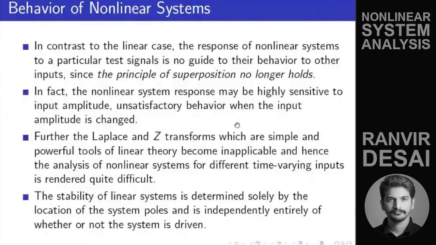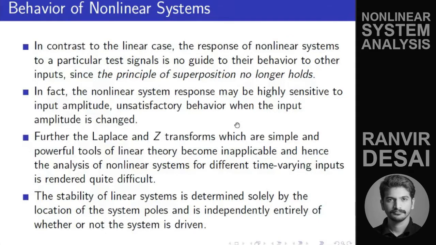Now see this, when do we call a system linear? When it satisfies the homogeneity and superposition principle. Now in the case of that test signal amplitude, that was homogeneity, right? Instead of giving one input, you give two times the input, and you get two times the output. So it is exhibiting homogeneity.